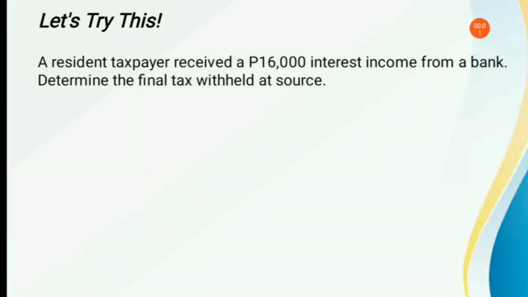And then, di ba, under the final withholding system, yung matatanggap ni taxpayer is already net of tax. Which means, dito sa illustration na to, etong 16,000 pesos na natanggap ni taxpayer is already net of tax. So, ibig sabihin, ang interest income talaga ni taxpayer is more than 16,000 pesos. Kaya nga lang, si bangko kasi may responsibility siya na mag-withhold ng tax.